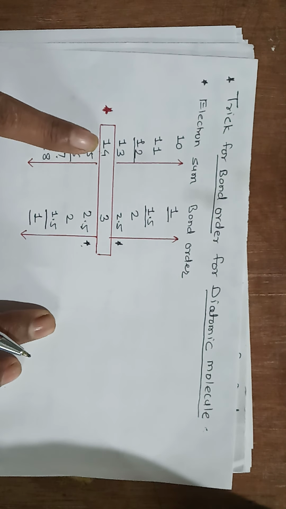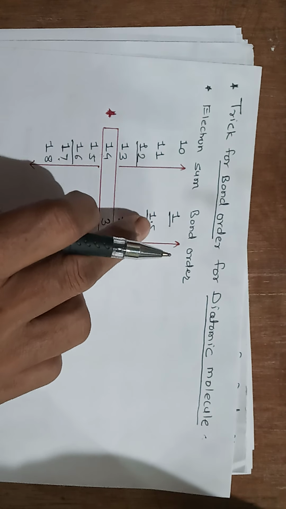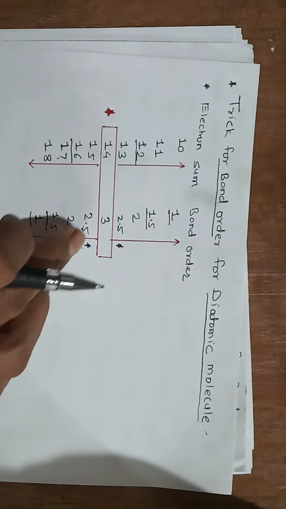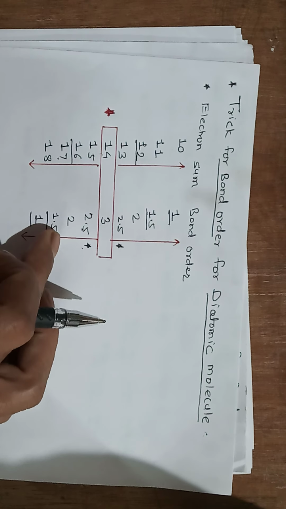You remember 14 has bond order 3, then 2.5, 2, 1.5 and 1 on the lower side, and on the higher side again 2.5, 2, 1.5 and 1.